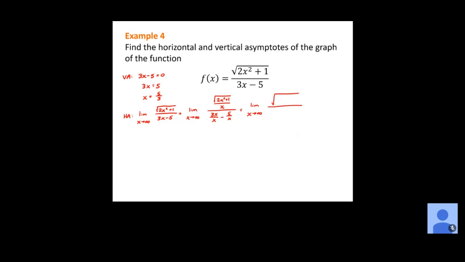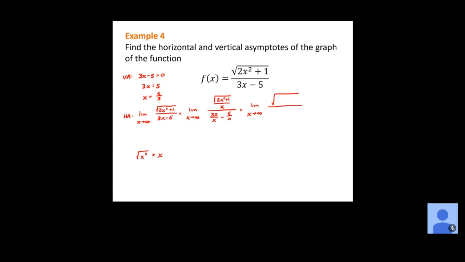What would I have had to take the square root of to end up with an x on the outside? So what would it need to be on the inside so that once I take the square root, it gives me an x on the outside? In other words, the square root of what is equal to x? x squared, right?